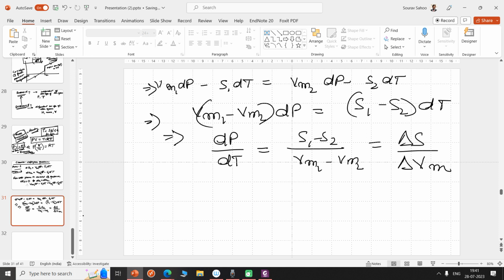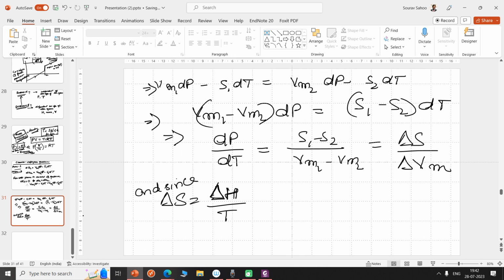And since we know that the change in enthalpy per temperature, and this comes actually from consideration.